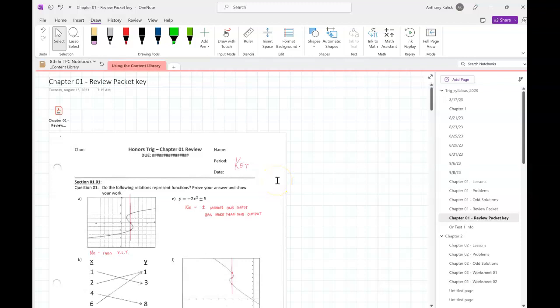And then, is this going to be longer or shorter than the test? Should be longer because it'll include all possible variations of a problem type. On the test, I'm not going to do every variation because, quite frankly, I don't want us to be here for the entire day trying to do this.